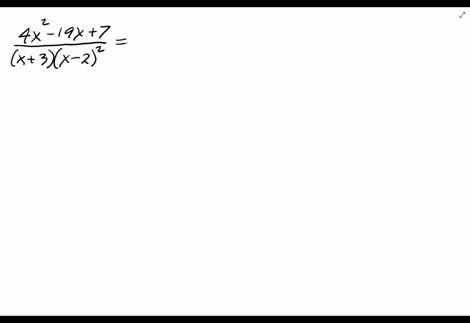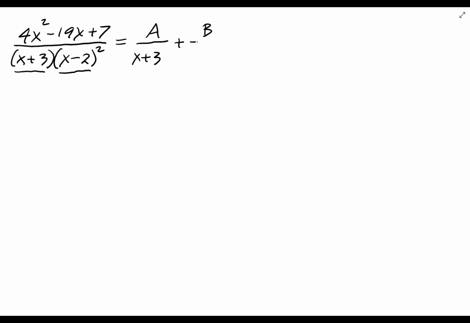So, the way we're going to split this up is by looking at the denominator, the way the denominator factors. This x plus 3, that's case 1. That's a linear factor that's not repeated. So it's going to be a over x plus 3. This x minus 2 squared, that's case 2. That's a linear factor that's repeated twice.